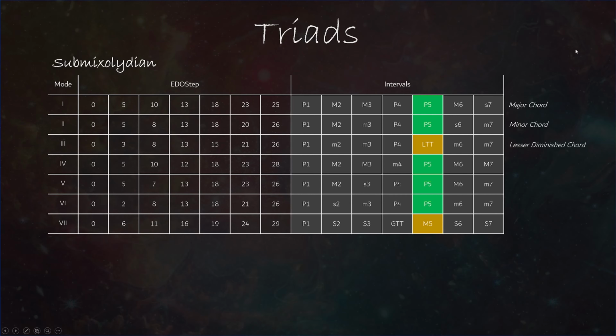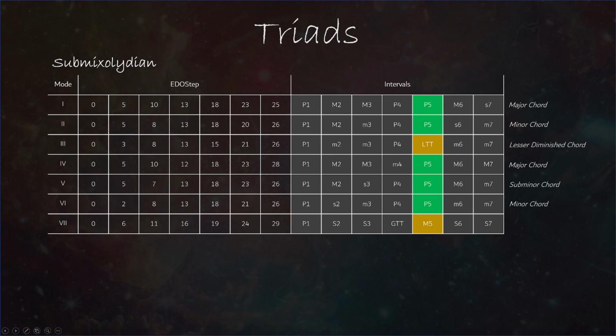So I'm going to call this a lesser diminished chord. On the fourth, we have another major chord. On the fifth, we have a sub minor third above it and then a perfect fifth. So I'm going to call this a sub minor chord. On the sixth, we have another minor chord.